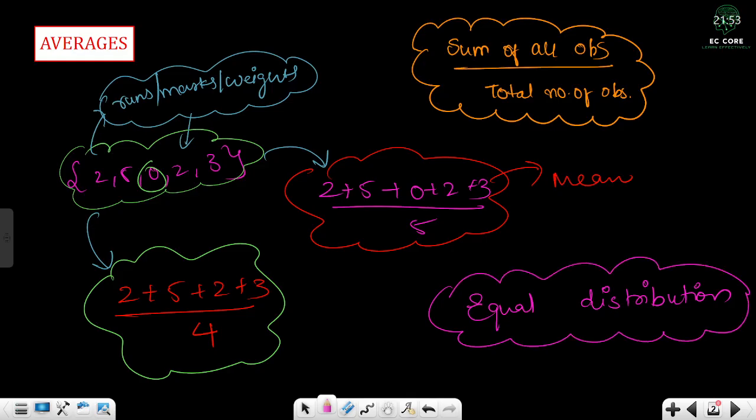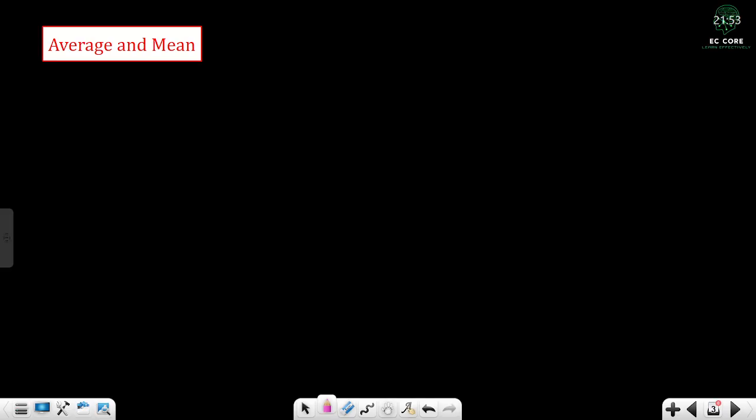So this is the exact definition of averages. Let us understand the concept of averages with the help of some examples, and we will also derive some formulas regarding averages. The average and mean I have already explained.